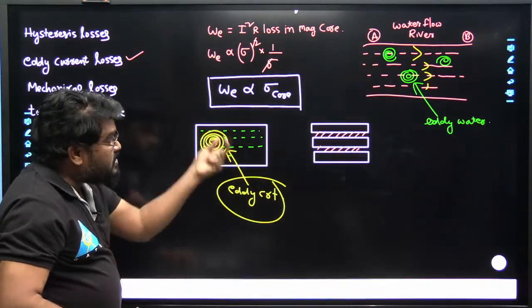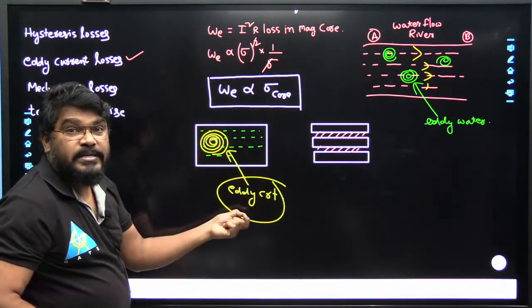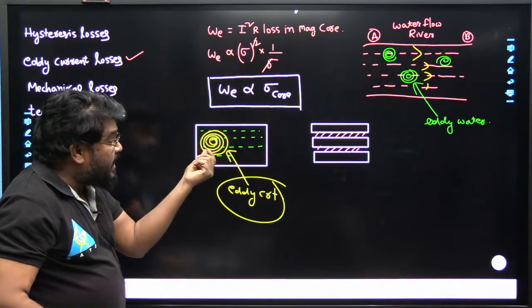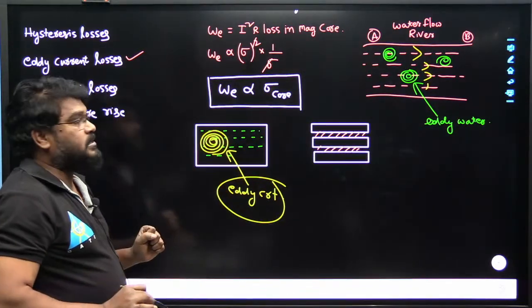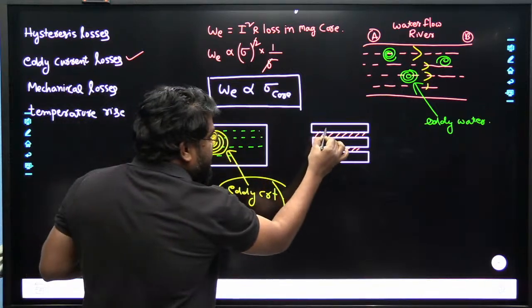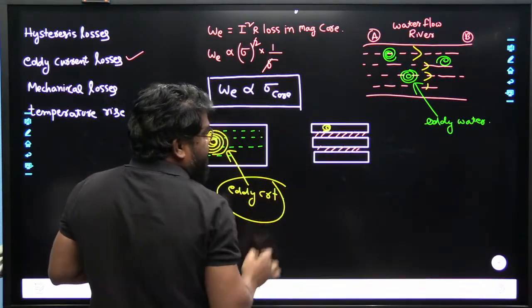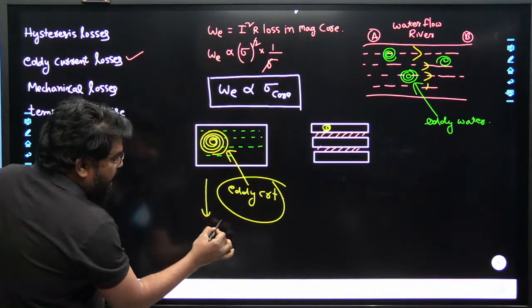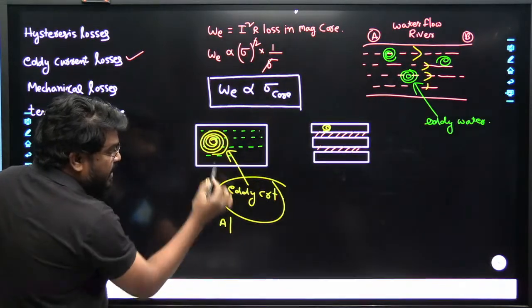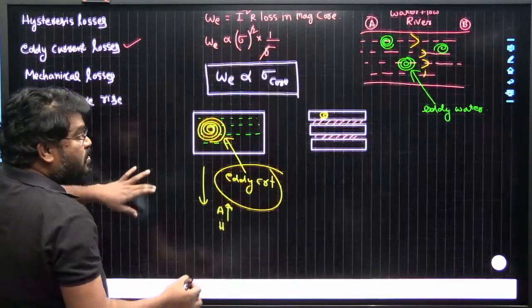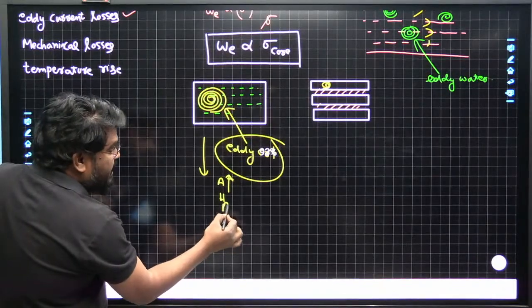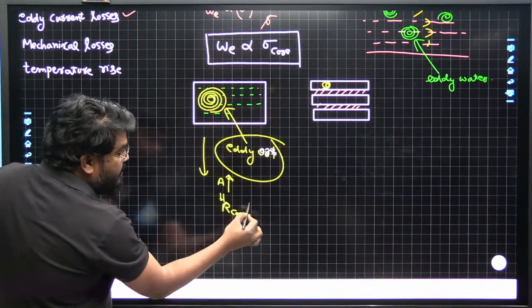The power loss due to this eddy current, in the form of heat, is known as eddy current power loss. Here this is the circulating current, and the area occupied by the current is more, so definitely the resistance of the core will be less.